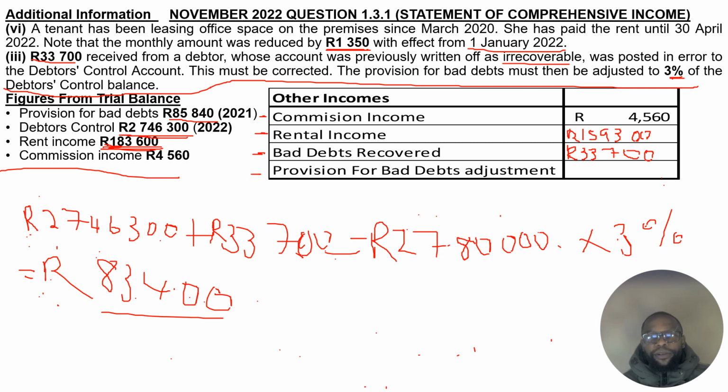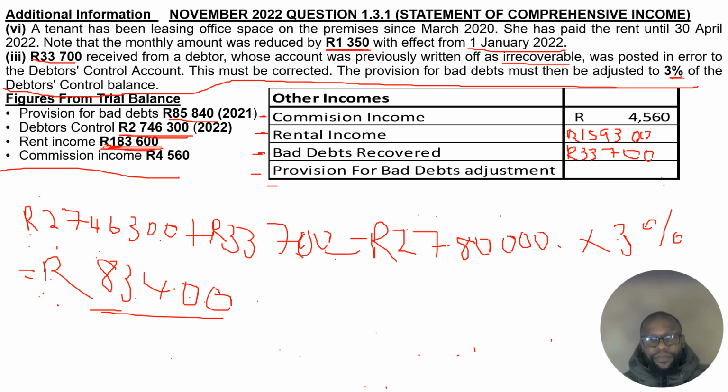It should not form part here. The same applies to the profit on sale or loss that we calculated in part 2. If that was a profit, it should be here. But if it was a loss, it would be there on the expenses. Same applies here. Our beginning is 85,840.